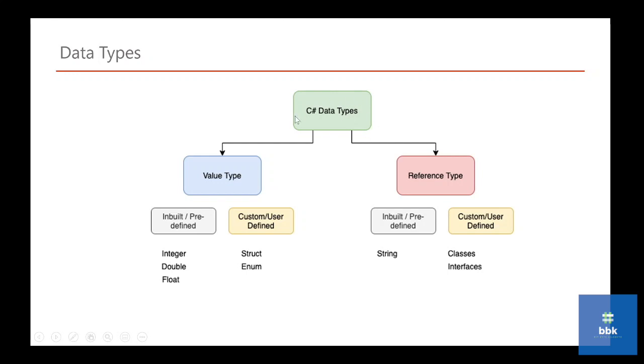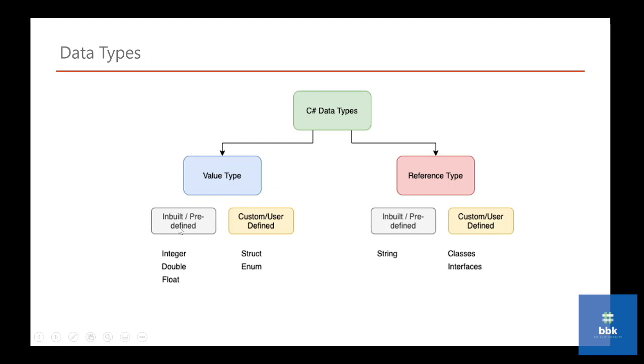In C Sharp, there are two types of data types. One is a value type data type, another is a reference type data type. Both are divided into two categories.